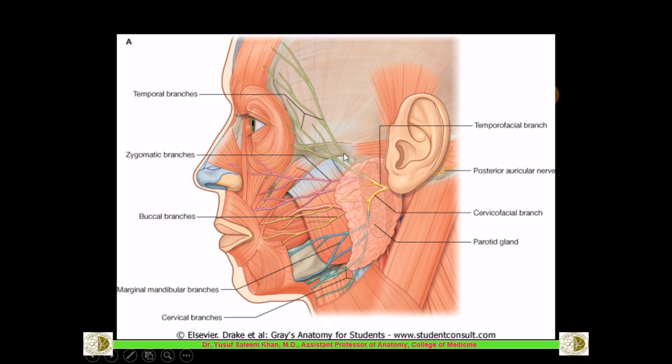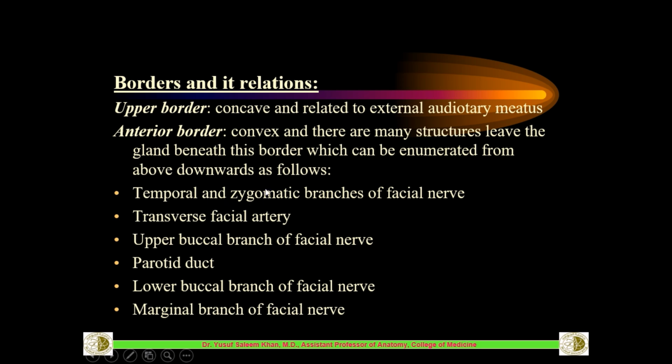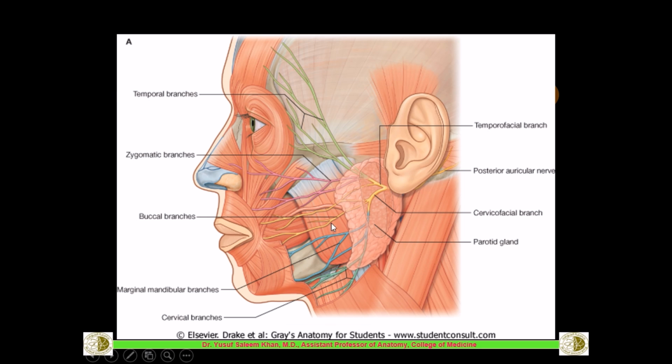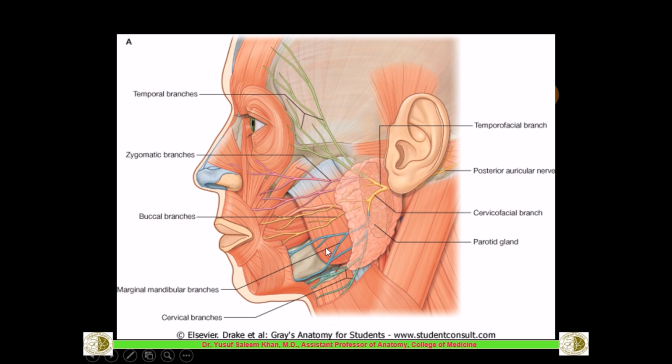They have been given in different colors, but they are all nerves. Then the transverse facial artery, which will be supplying the muscles of the face along with the main facial artery here.